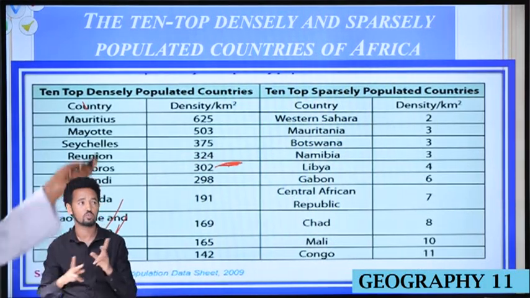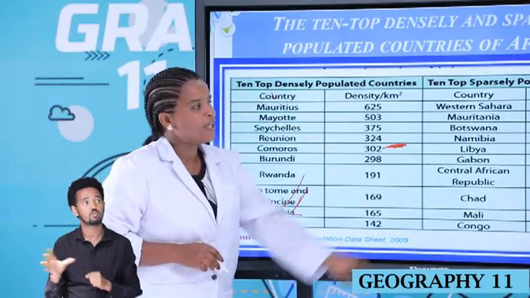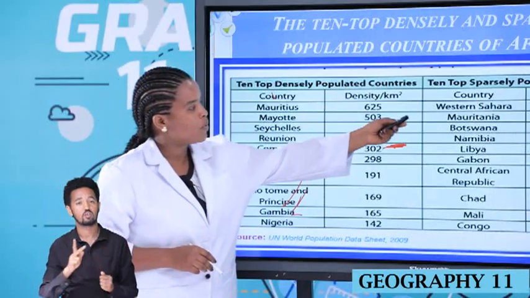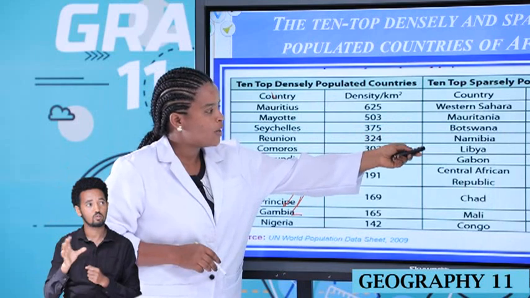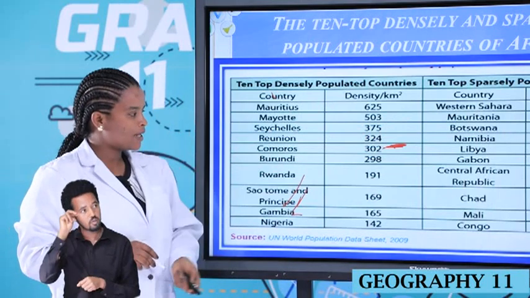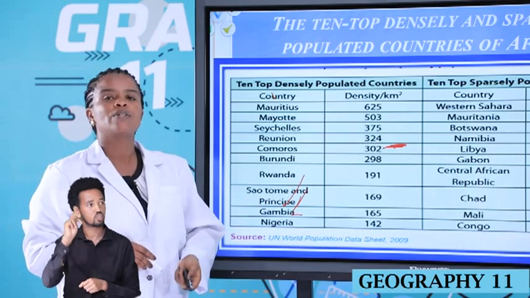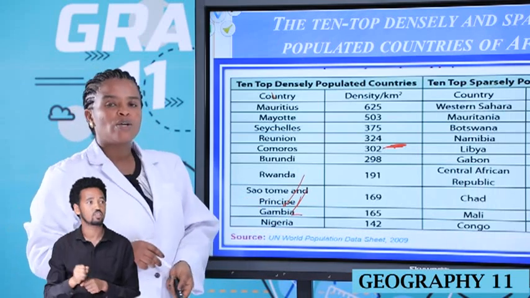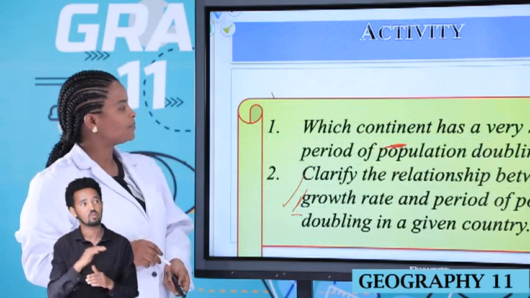Sparsely populated countries of Africa are Western Sahara, Mauritania, Botswana, Namibia, Libya, Gabon, Central African Republic, Chad, Mali, and Congo.